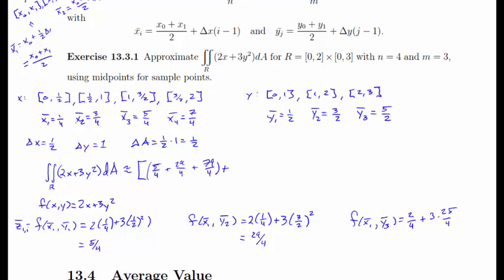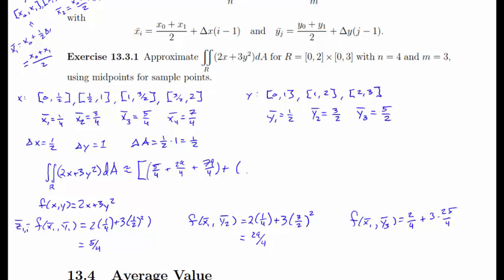And then we move on to x2 bar. We want to do this for all pairs: x1 y1, x1 y2, x1 y3, and then x2 y1, x2 y2, x2 y3. We see that we have a total of 12 rectangular solids that we're making, 3 times 4. And so we need to get this for all of these.